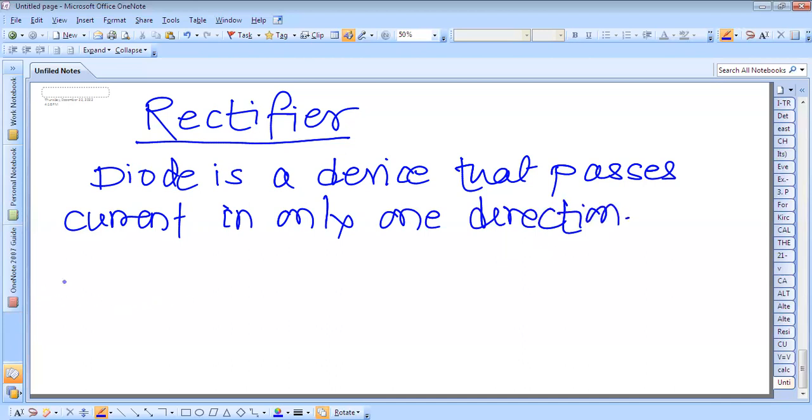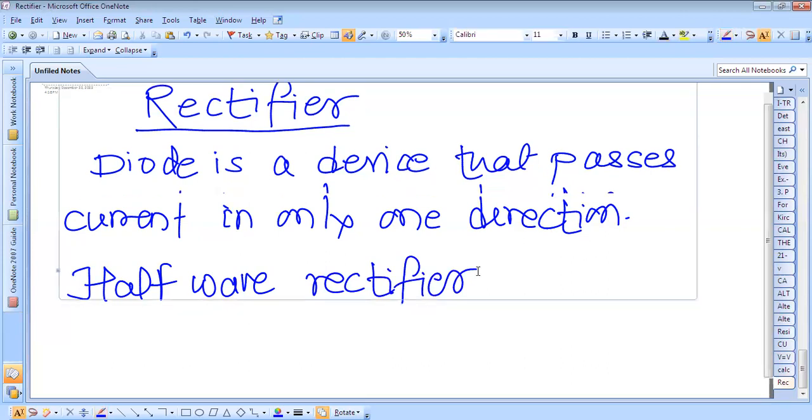Okay, so therefore we'll use the diode in the half wave rectifier, which converts the alternating current into the direct current. Therefore, first is the half wave rectifier.